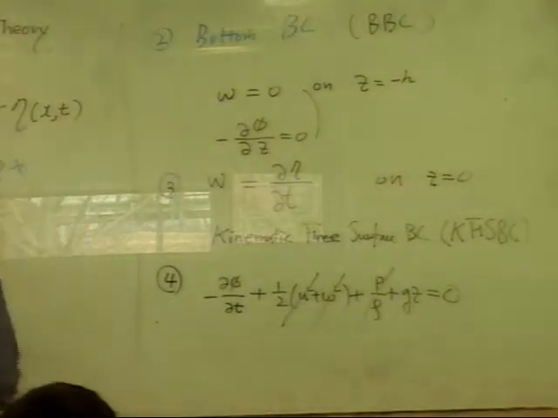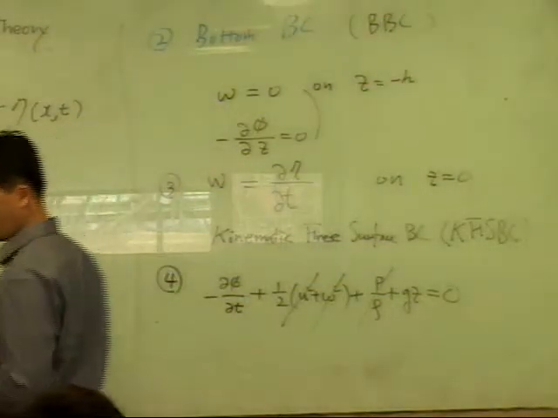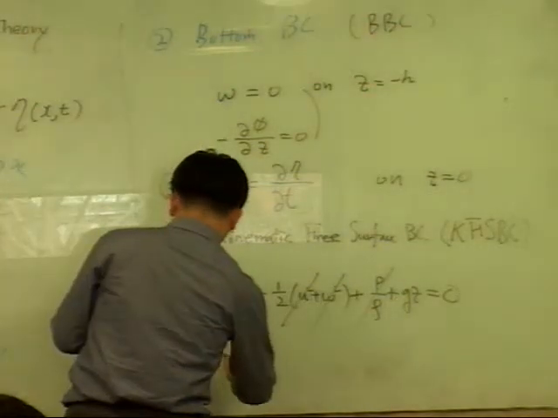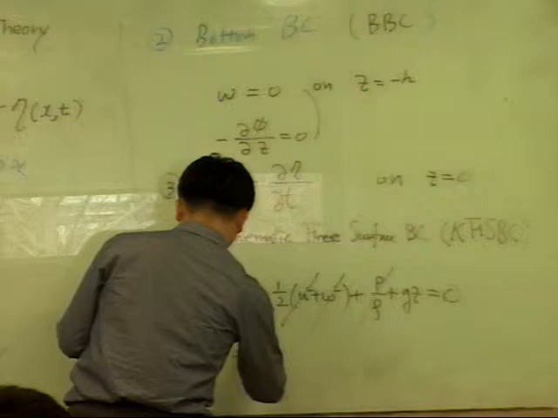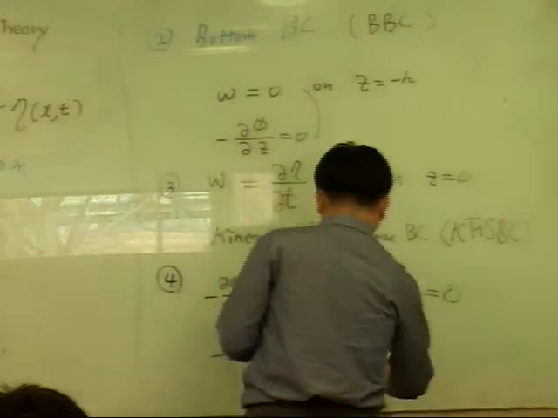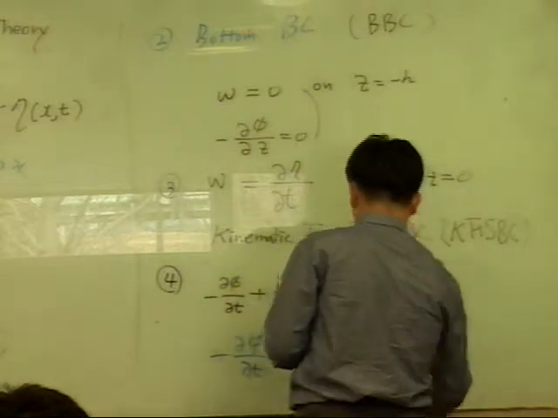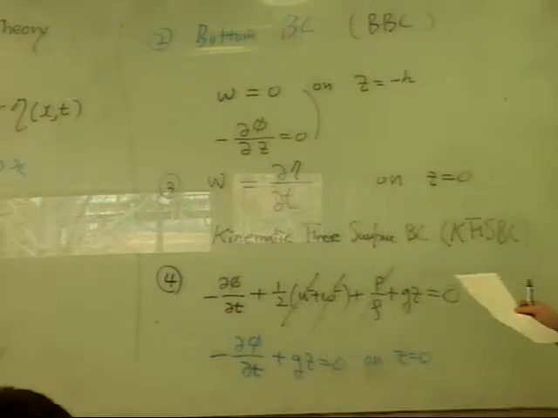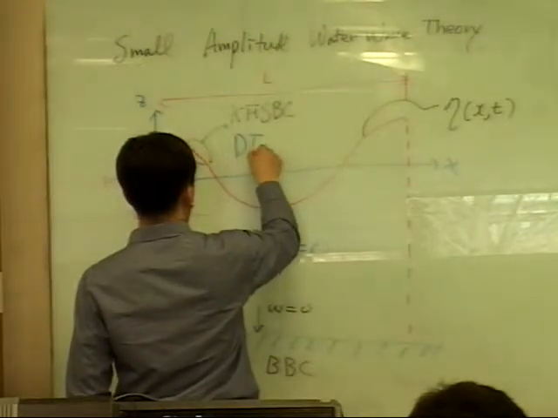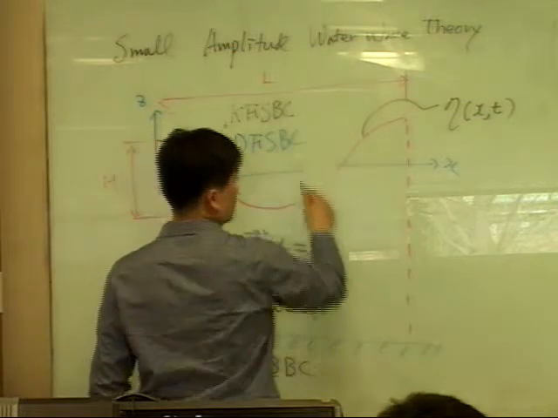So we have only two terms. Now we have only two terms. Minus t, gg equals 0 on g equals 0. This is named dynamic free surface boundary condition.